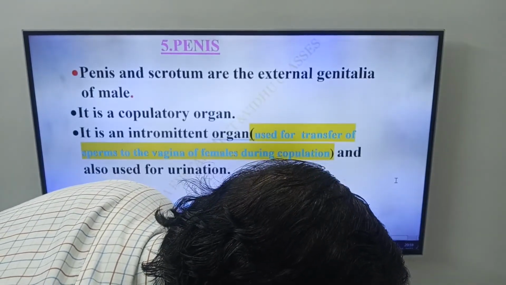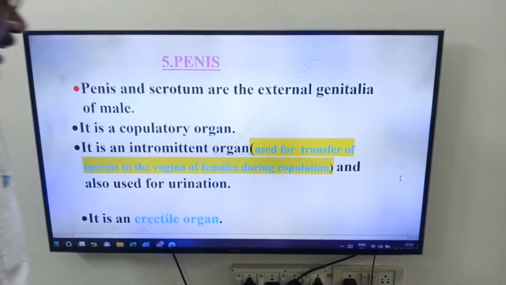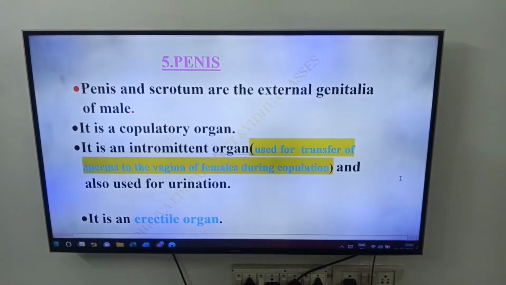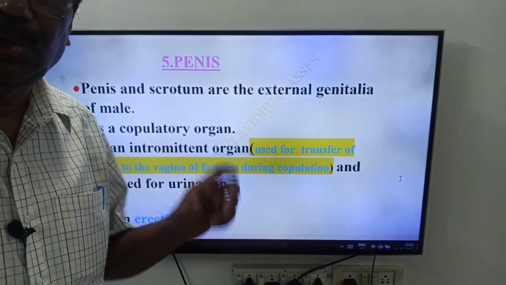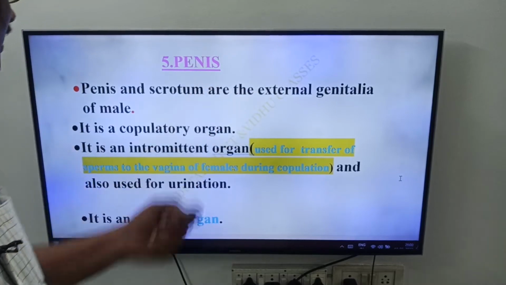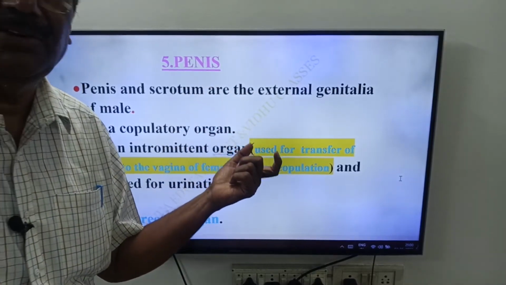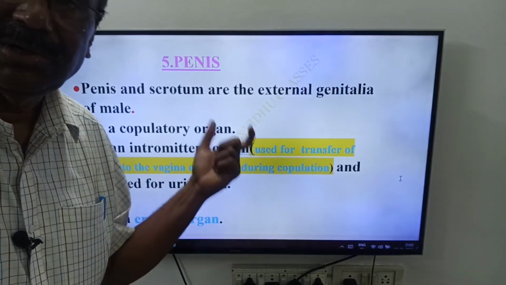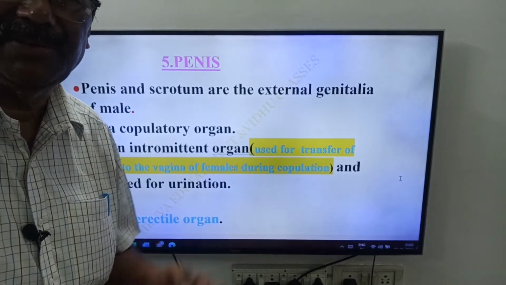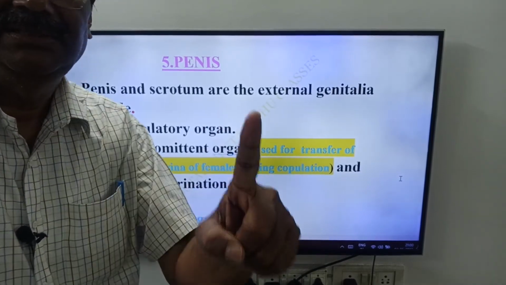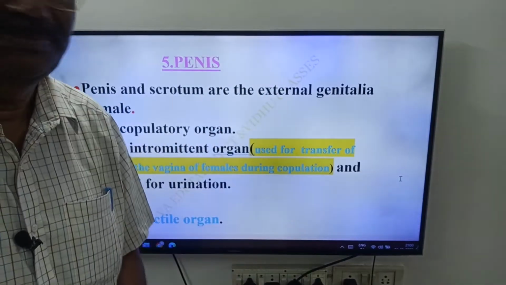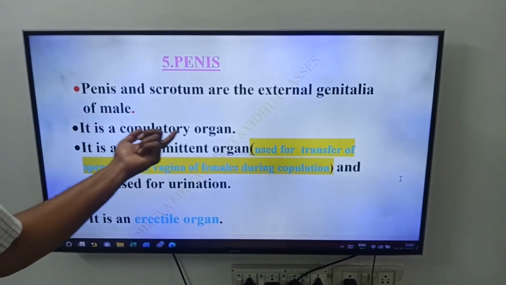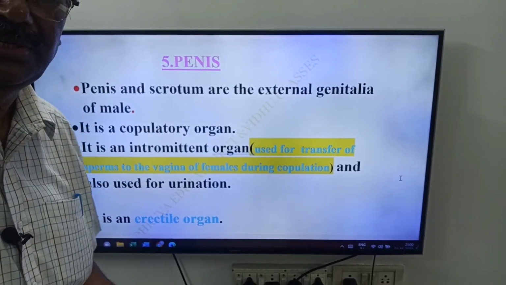Next, friends, penis. Penis and scrotum, these two are called what, friends? External genitalia of male. Okay, friends. The penis is a copulatory organ, friends.